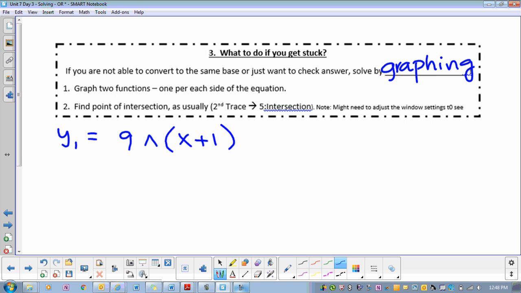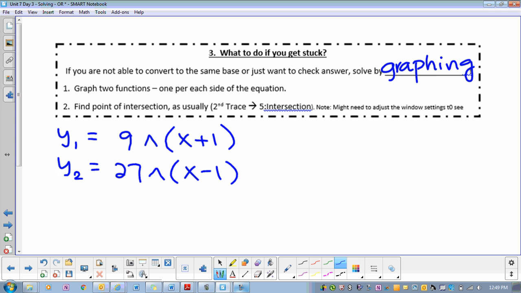And in your y2, you can put 27 to the x minus 1, go to graph, and then find your point of intersection, okay? Second trace, intersect, and then look for where they intersect each other, and you can find your solutions that way too. Should be at 5.